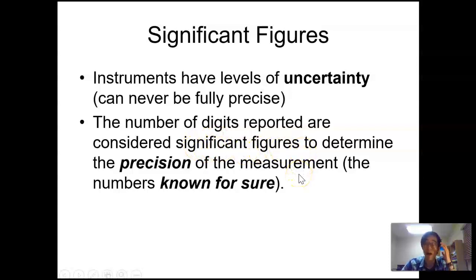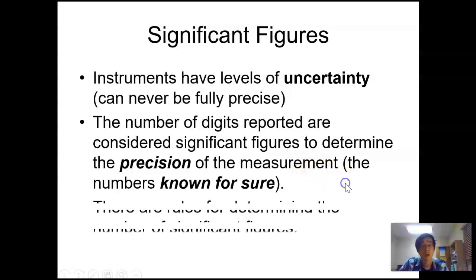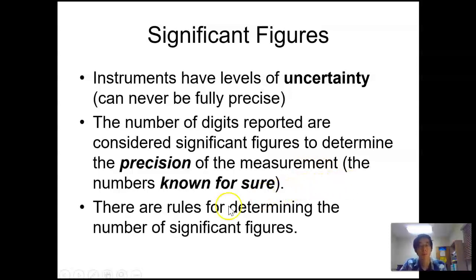So those are the numbers I know for sure, and it helps solidify my calculations a lot more because even one tiny thing could be off in calculations, especially if you're doing nanotechnology with really small objects, that could throw a lot of things off. So chemistry likes to be precise. Okay. And we're going to talk about rules for determining the number of significant figures.